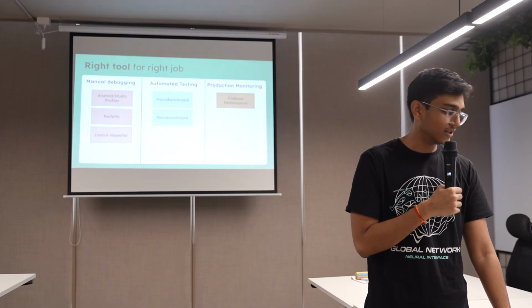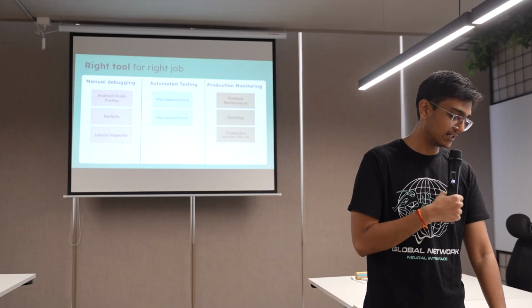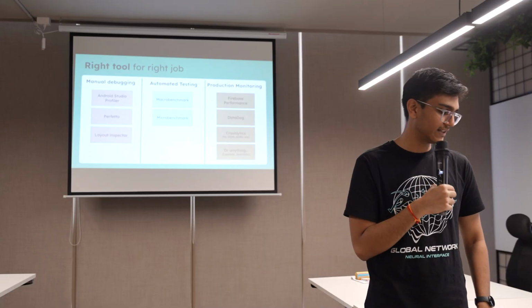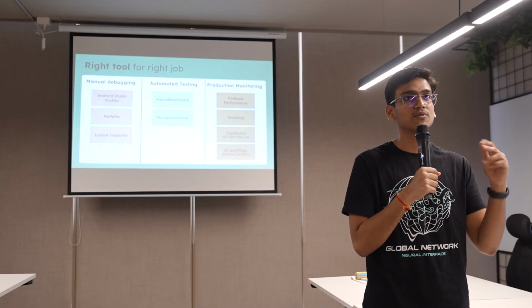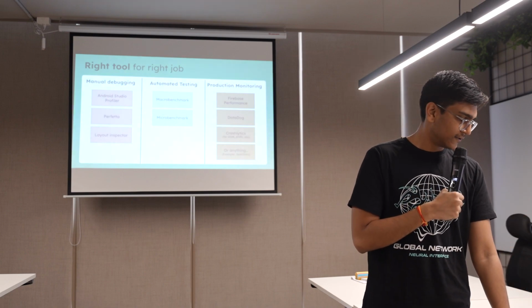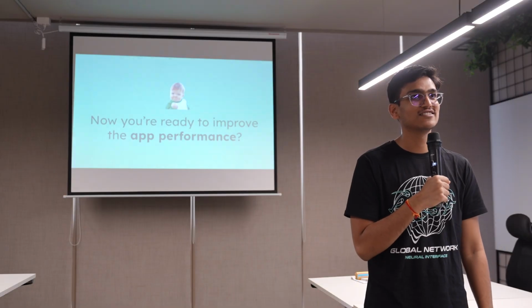For production monitoring, you can use Firebase, DataDog, Crashlytics for out-of-memory errors, and any other third-party tool. There is also a library called JankStats, which tells you how many janks are coming in your application. I think it is an early library. So that's all, and now you are ready to improve app performance.